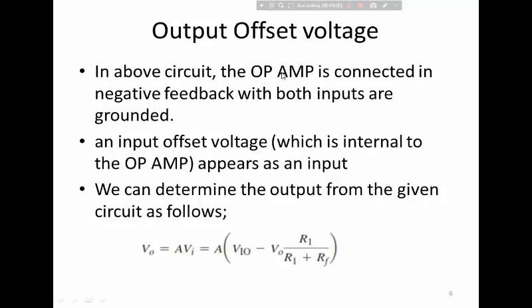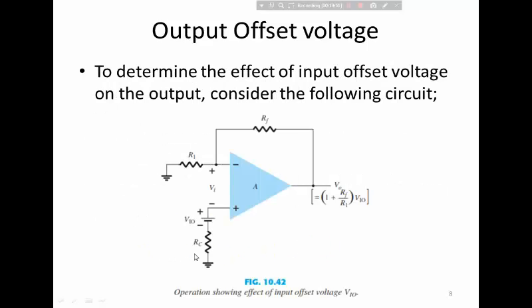So in this circuit, the op-amp is connected in negative feedback with both inputs grounded, and the input offset voltage, which is internal to the op-amp, appears as an input voltage source, and we can determine the output from the circuit as follows. That will be Vo equal to A times Vi, where A is the differential gain of the op-amp and Vi is the differential input, V plus minus V minus.